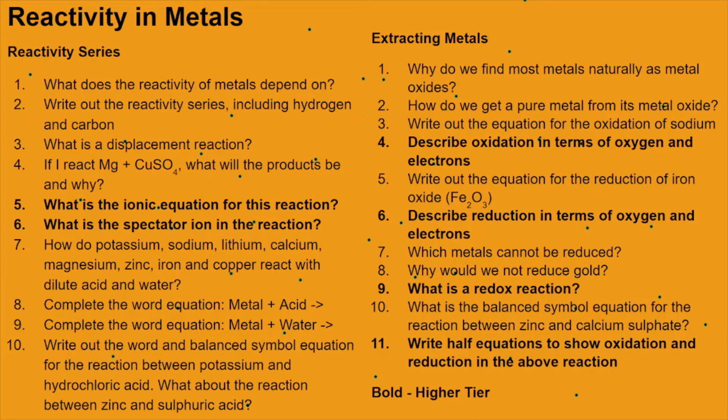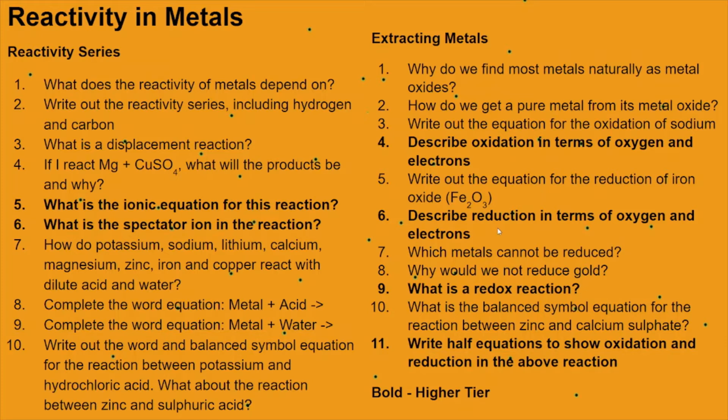Think about that. When your metal is reacting with oxygen to form an ionic compound, the metal loses electrons because it gives them to the oxygen. So oxidation of a metal is loss of electrons, and reduction, therefore, is gain of electrons.